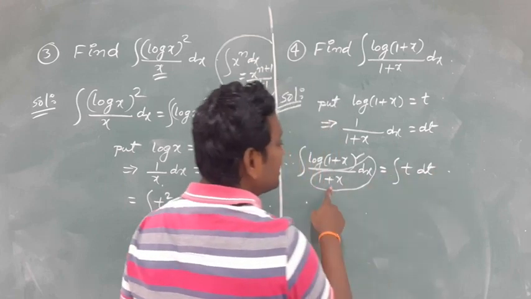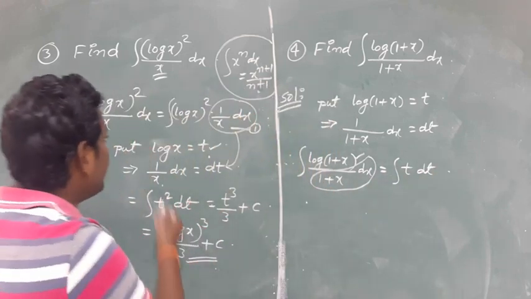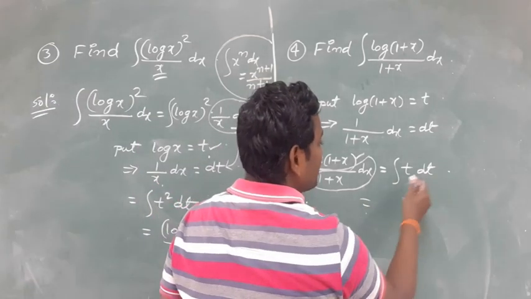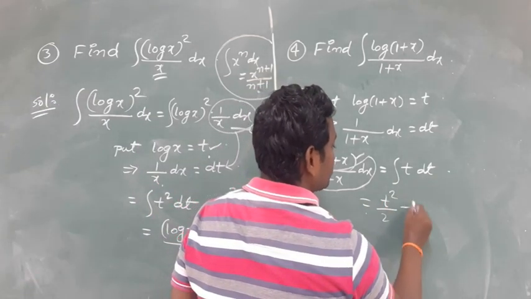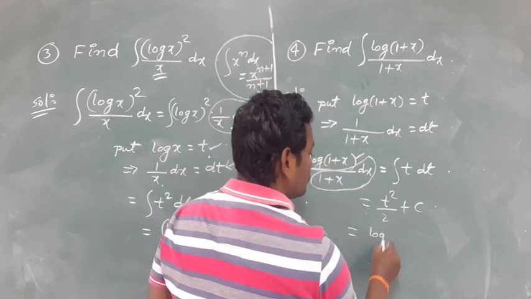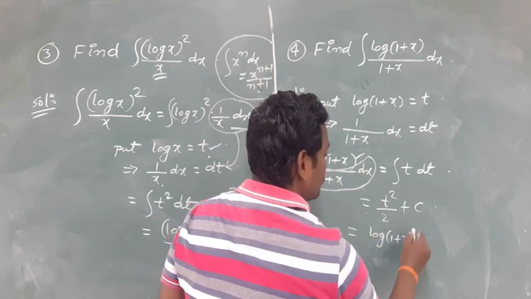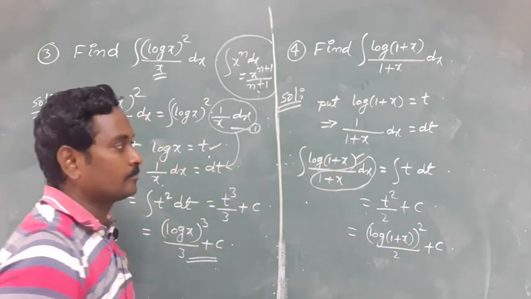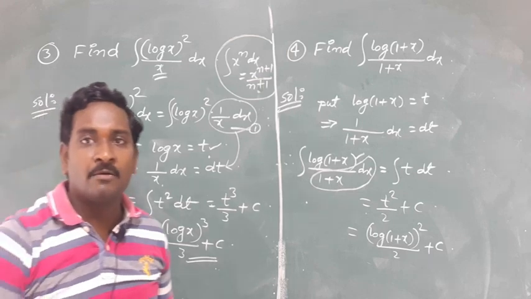You can also simply write in this way, otherwise you can write it in detail. So what is the integration of t? t square by 2 plus c. What is t? Log of 1 plus x whole square by 2 plus c. So in this way we can complete the problem.